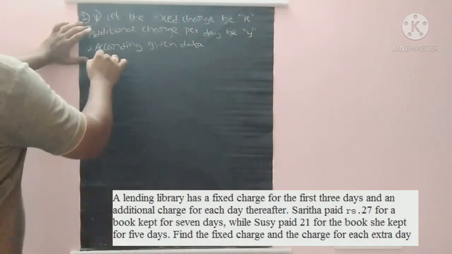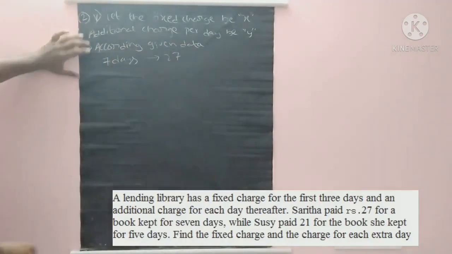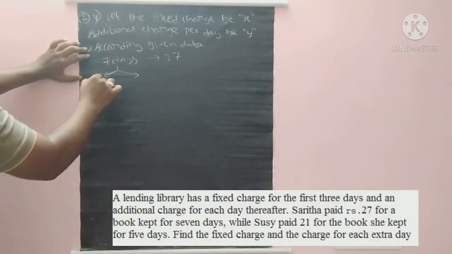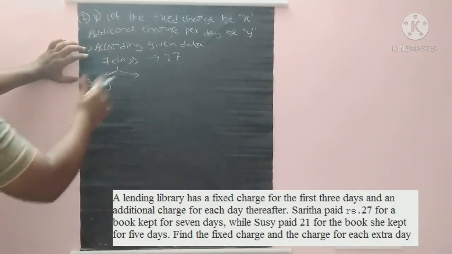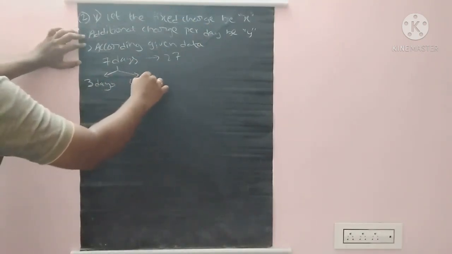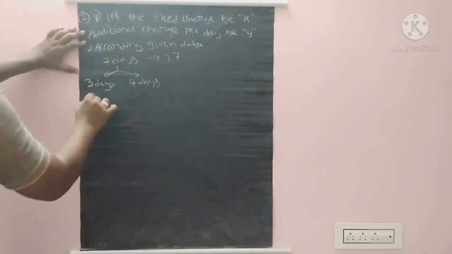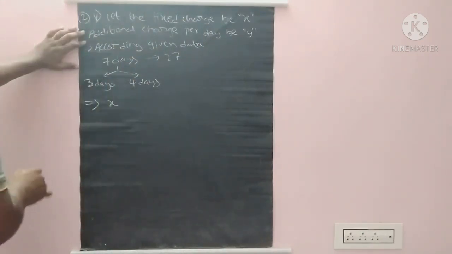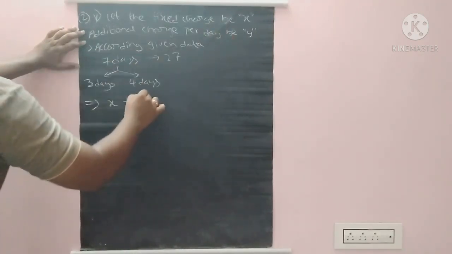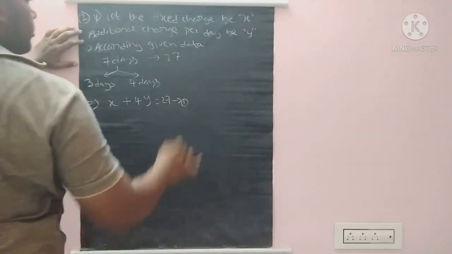In these 7 days, we need to separate the first 3 days, because for the first 3 days there will be a fixed amount, that is x. For the remaining 4 days, there will be an extra amount for each day. So we can write for these 3 days x rupees, and for these 4 days, for each day y rupees, there will be 4 days. This is 27, let it be 1.